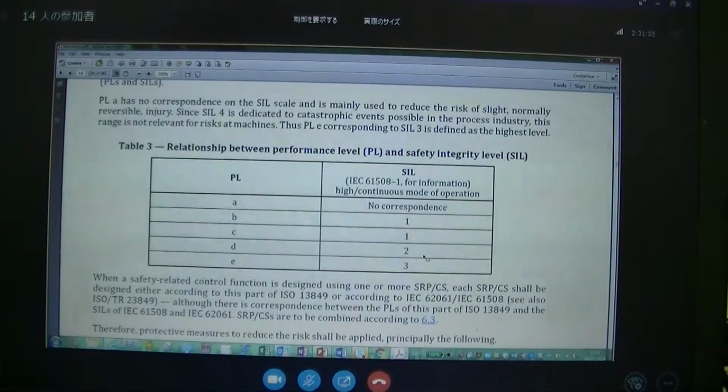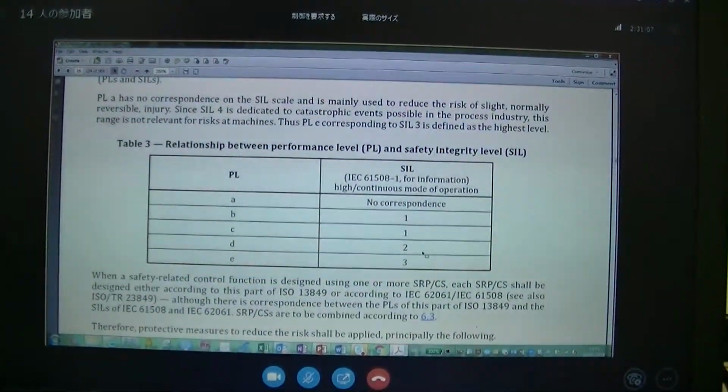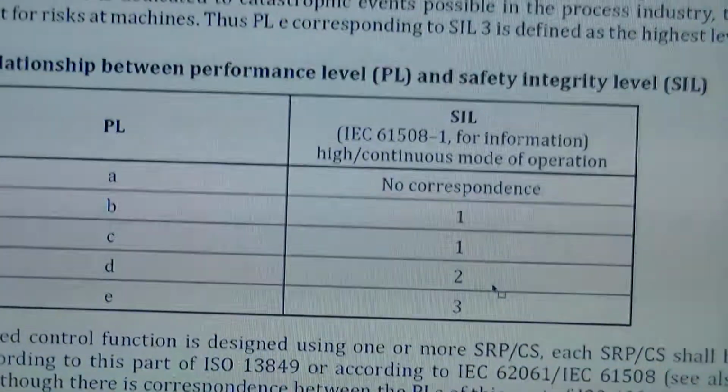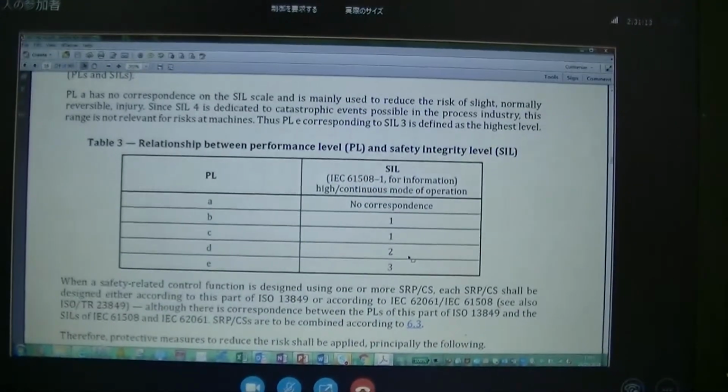You can say that when there's SIL 1, for sure, then it is equivalent to performance level C. When there's SIL 2 by calculation, it is equivalent to performance level D. When there's SIL 3 by calculation, it is equivalent to performance level E.